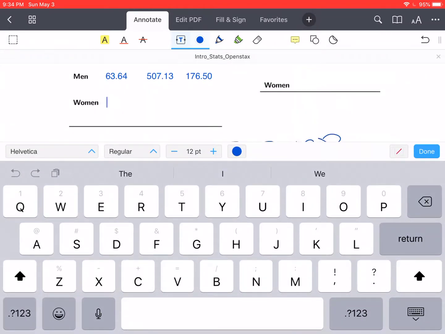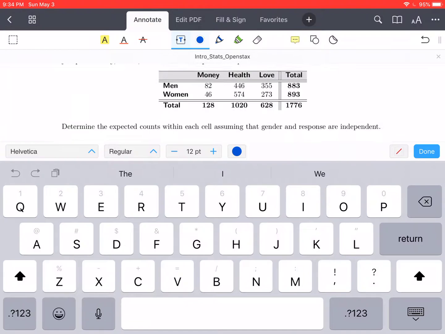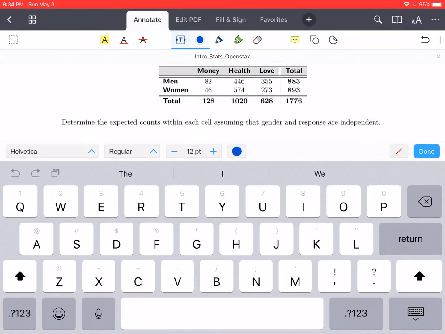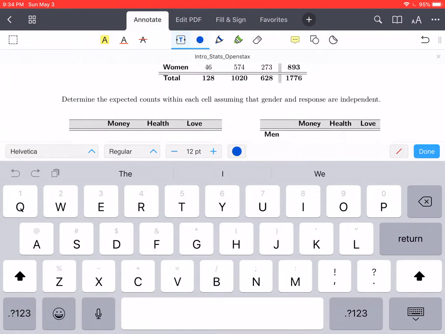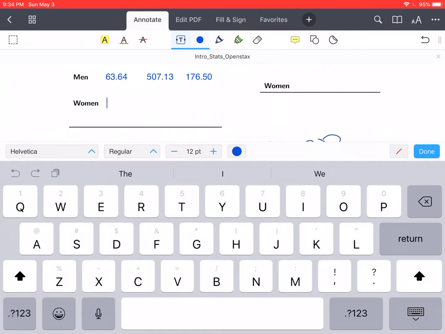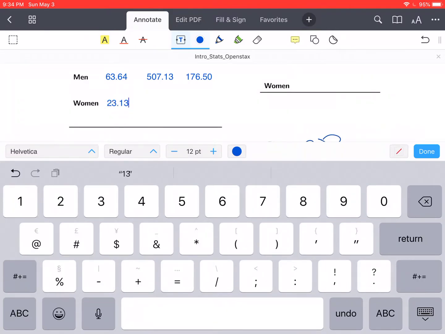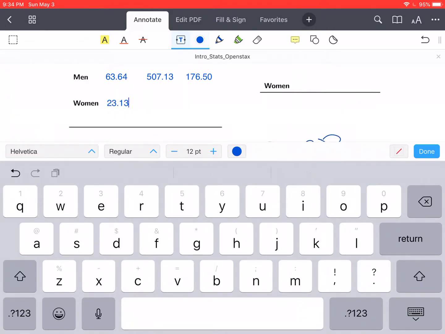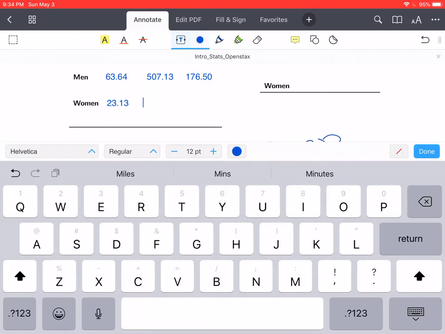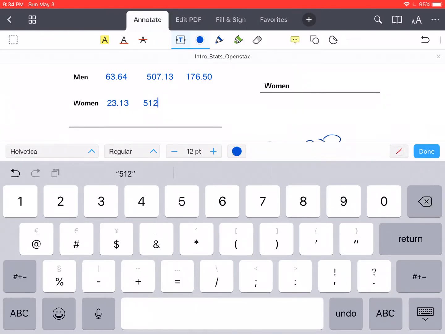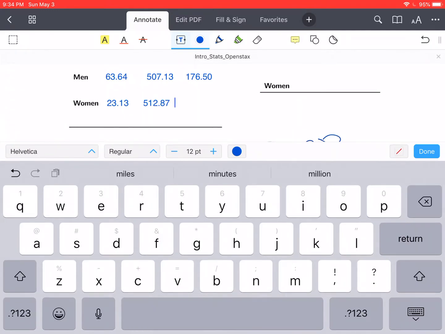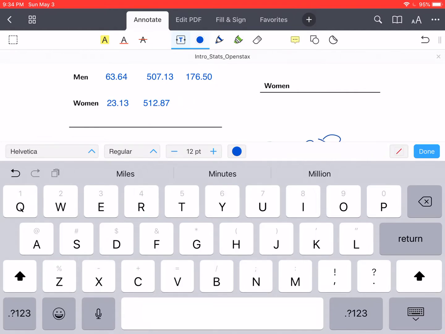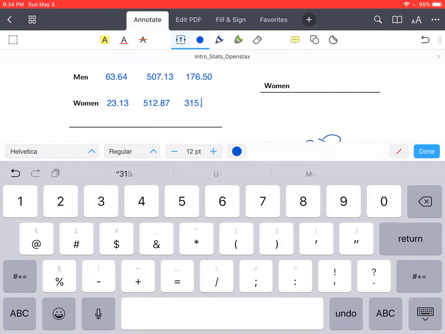Now if we move down to the second row, the new row total is 893 for women, times the column total over the table total. Those values are all drawn from the same pool. For this one we would get 23.13. The next one we would get 512.87. And the last one here we would get 315.77.